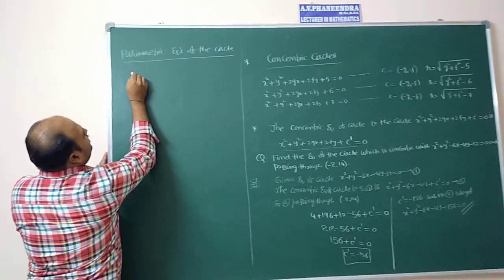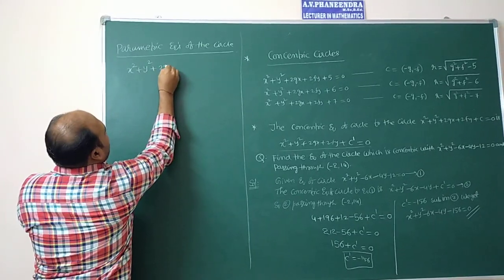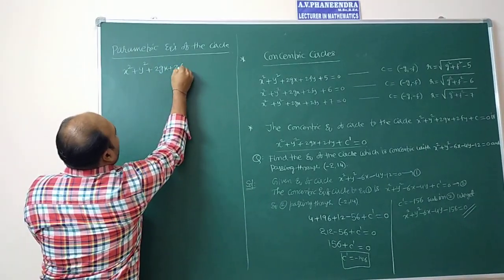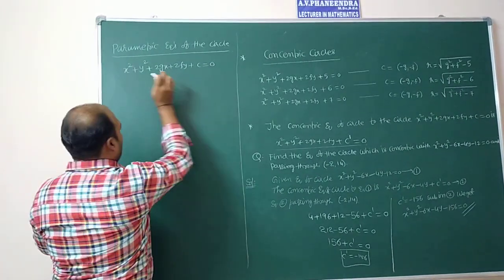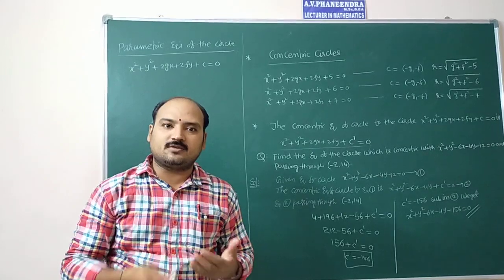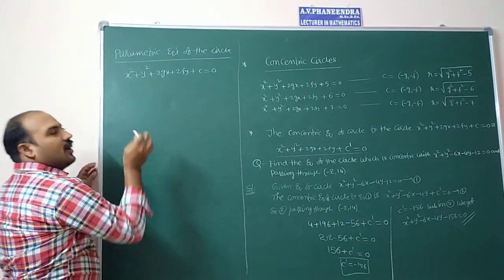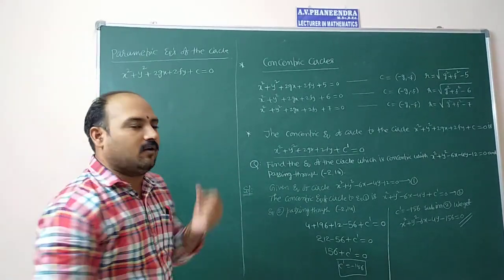Suppose, what is the general equation of circle? x square plus y square plus 2gx plus 2fy plus c equal to 0. For this circle, what are the parametric equations? The equation of circle in terms of r and theta.